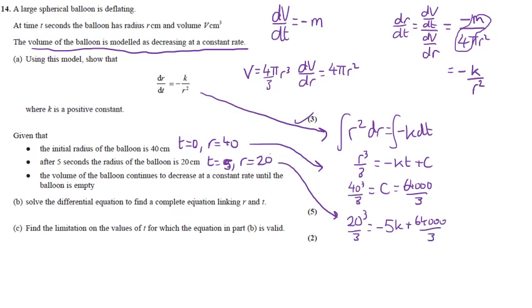So if we rearrange all of that, we get 5k is equal to 64,000 minus 20 cubed, which is 8,000, over 3. Okay, so 56,000 over 3. So k is equal to 11200 over 3.